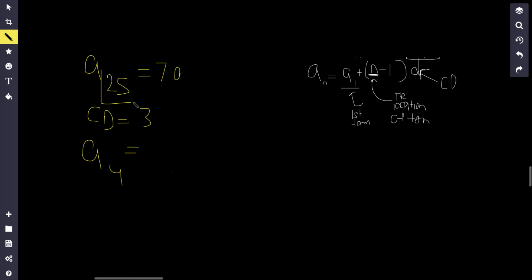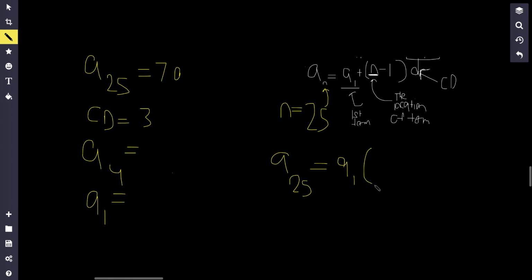If we're given our 25th term is equal to 70, common difference is equal to 3, and we're trying to find out the fourth term, feel free to pause the video to try this out yourself. Solving this in 3, 2, 1. Okay, let's go. Remember, always want to find out the first term. So in this case, I'm going to plug in what we know. So n is equal to 25. I'm going to get a sub 25 is equal to a sub 1 plus n minus 1 times the common difference.